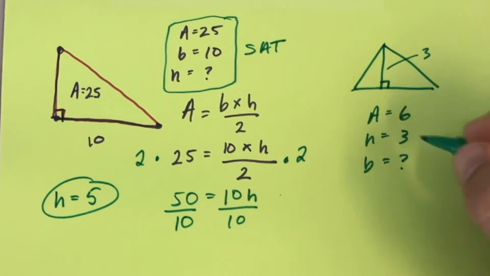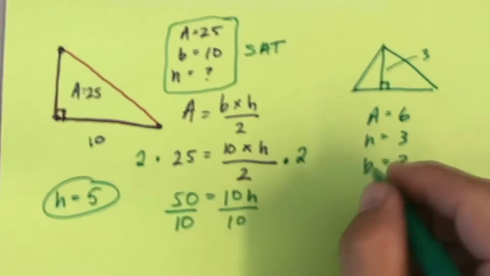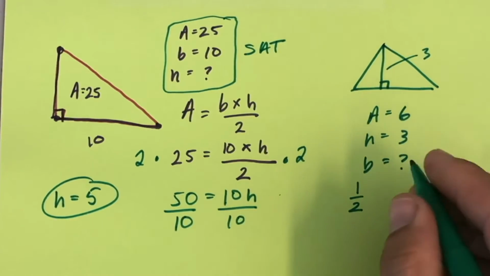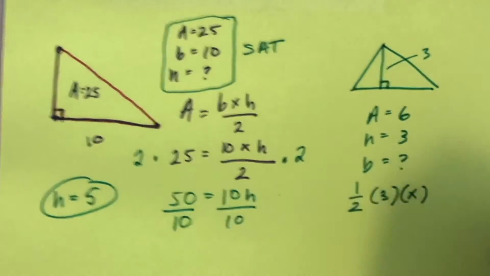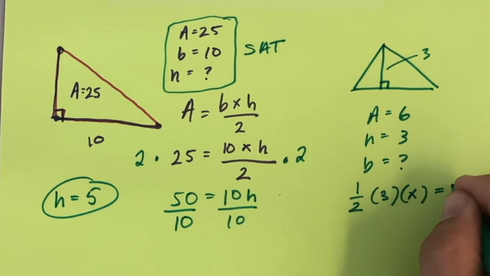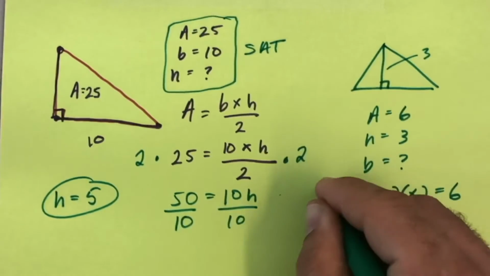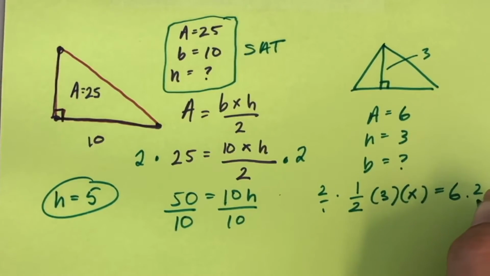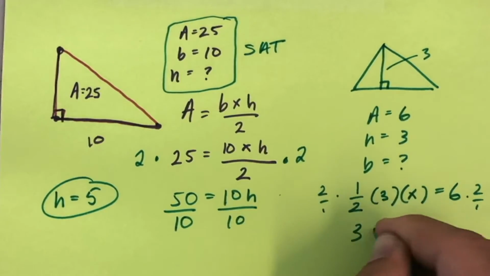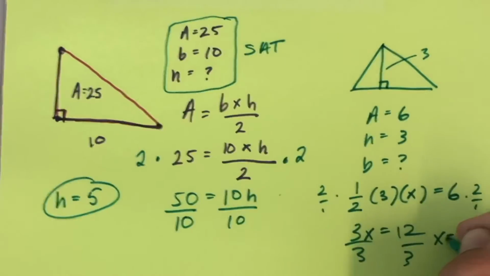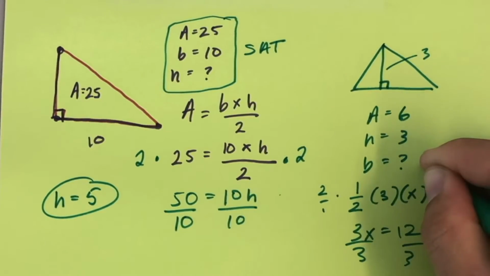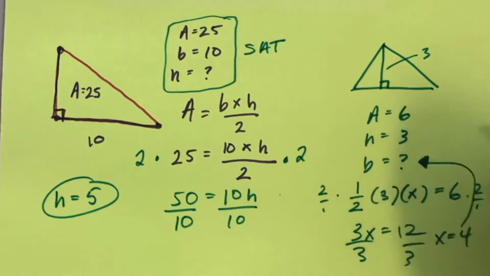Well, on the previous page, we knew our base was 4, so how do we get that? Well, 1/2 times 3 times what number? Let's call it x, is equal to 6. So multiply both sides by 2. 3x is equal to 12, divided by 3. x is equal to 4. And that's just like the triangle that we looked at on the previous page.